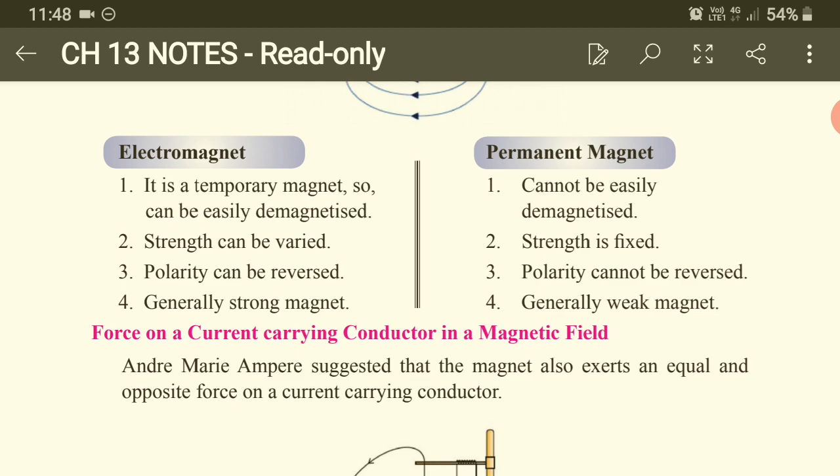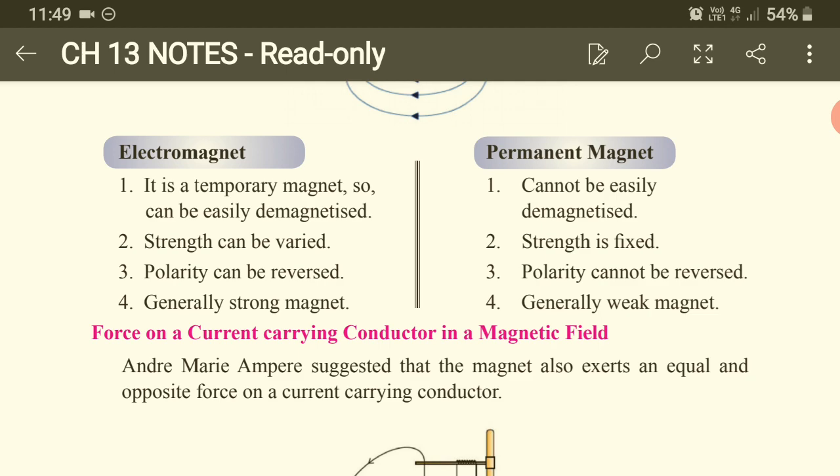By changing the direction of current in the solenoid, we can change the polarity of the electromagnet. The south pole can be made a north pole by changing the direction of current, and the north pole can be changed to the south pole by changing the direction of current. But the polarity of a permanent magnet cannot be reversed. Electromagnets are generally strong magnets, but permanent magnets are generally weak magnets.